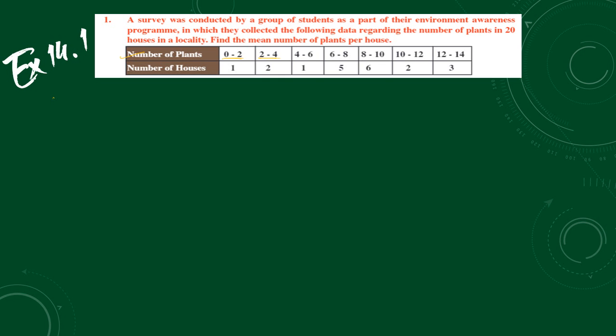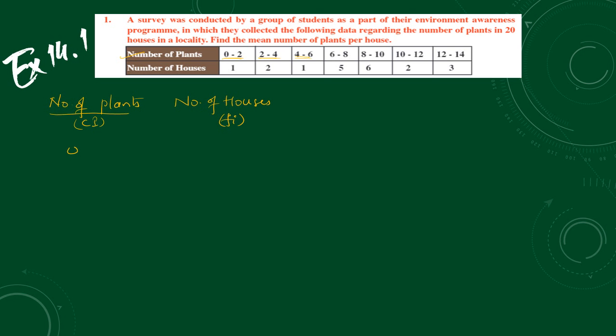The second column is the number of houses. The number of houses is generally represented by Fi, and the number of plants are the class intervals.